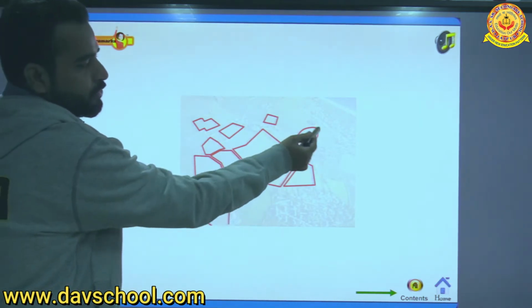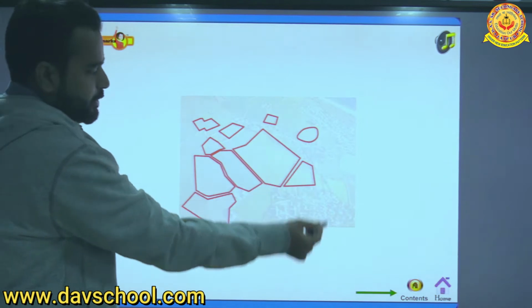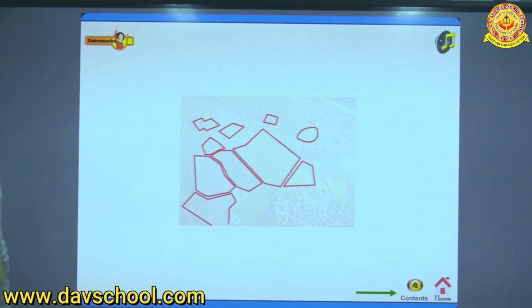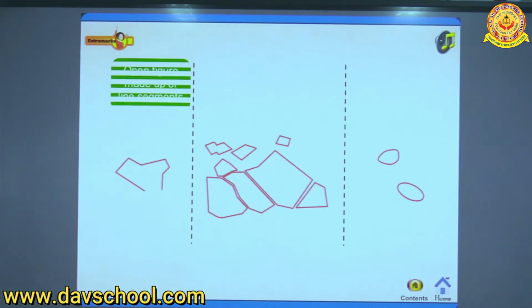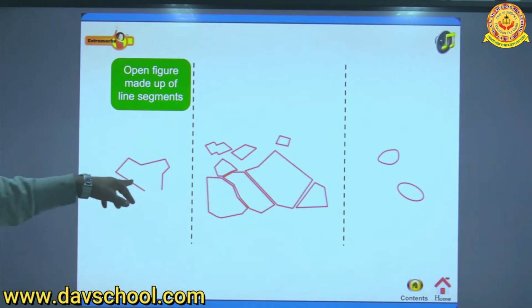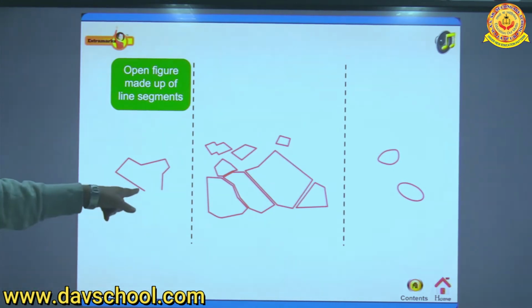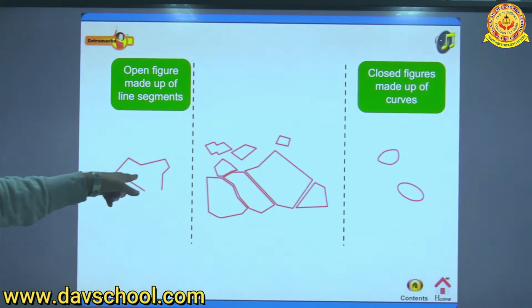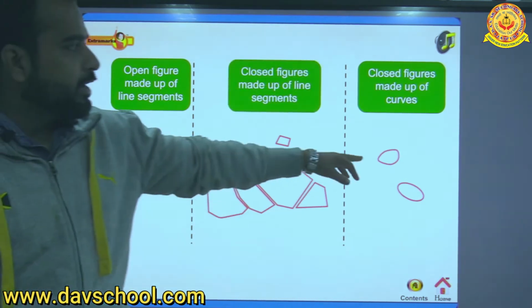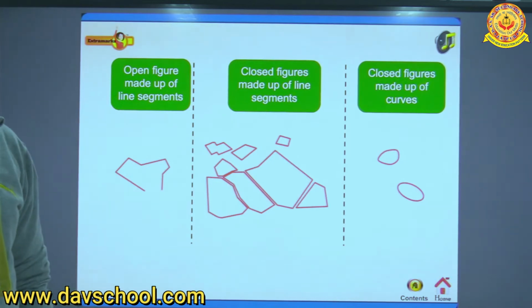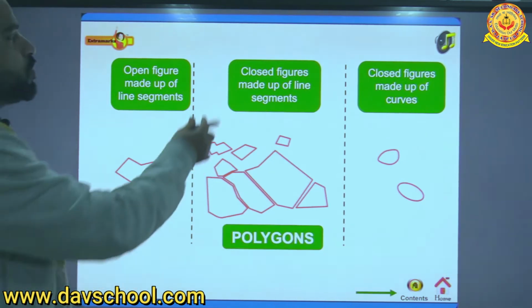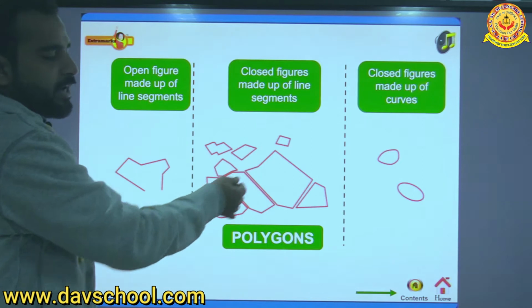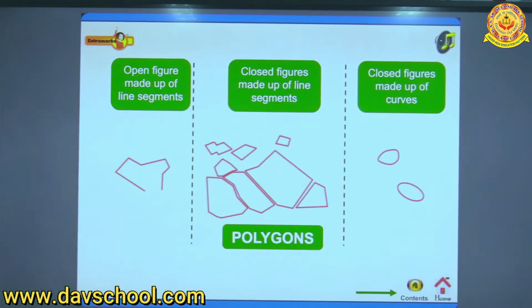And one curved closed figure is also there, right? Is it closed or open? We can see that its starting and end points are not closed, so that's why it is open. Now here the closed figure made up of only curved shapes, and the closed figure made up of line segments, we call polygons.